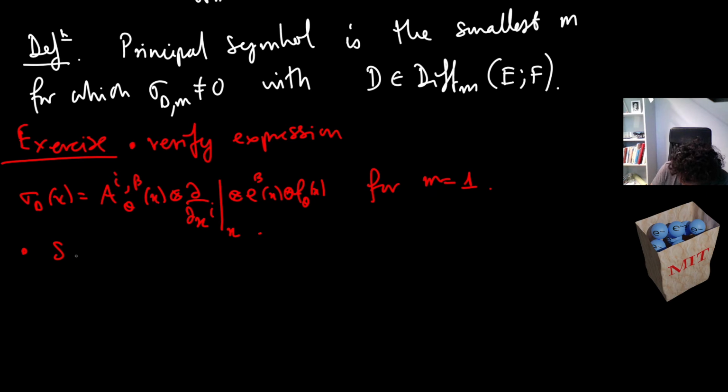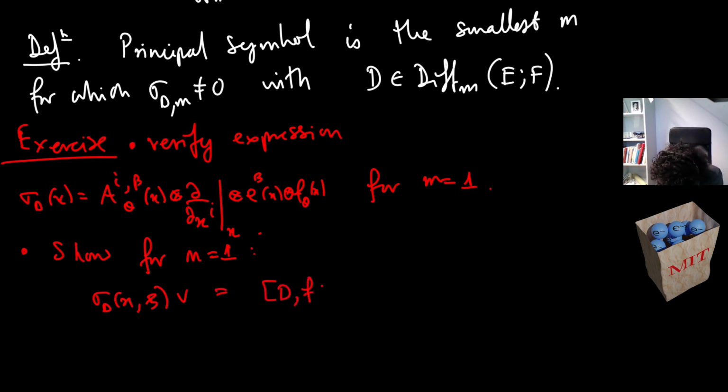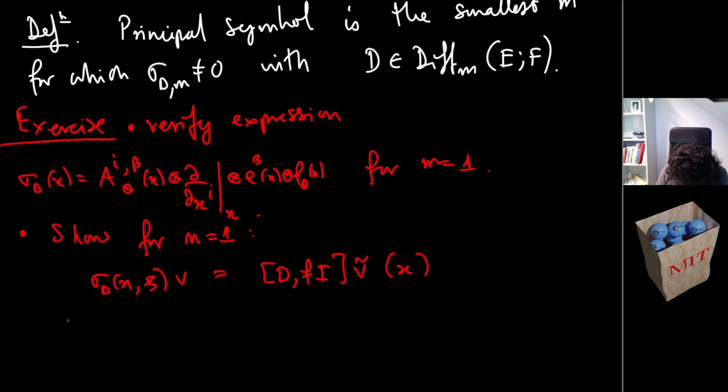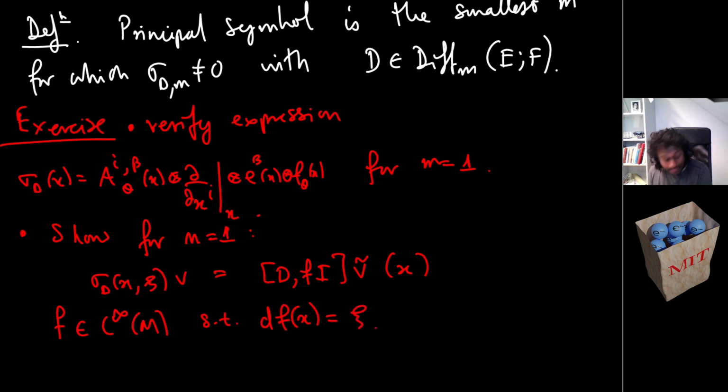And that is, show for m equals 1 the following: that the symbol at x of psi applied to v is equal to the commutator, so this is the commutator now, where I multiply by the identity acting on v and x, and this is for f in, say, smooth functions such that df of x is equal to psi, and there's no requirement that f at x is 0.